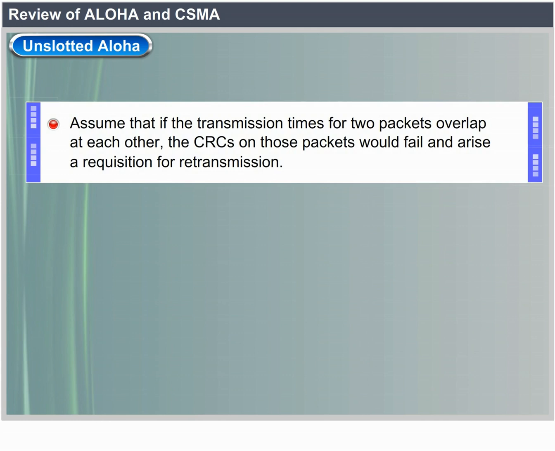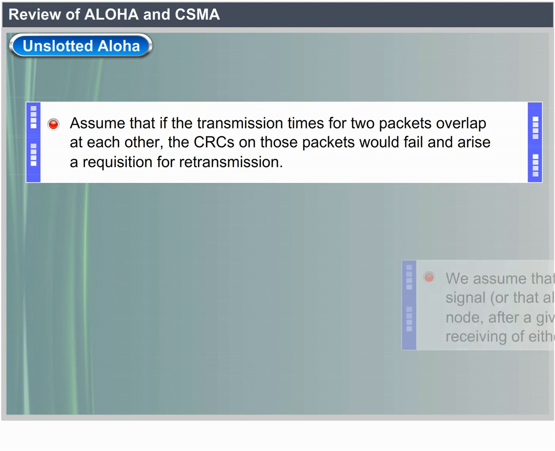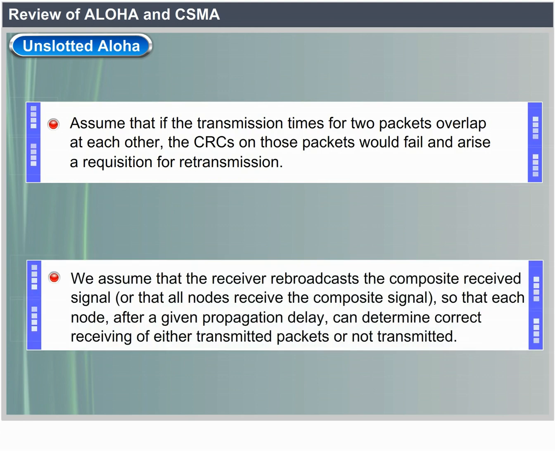Assume that if the transmission times for two packets overlap at all, the CRCs on those packets will fail and retransmission will be required. We assume that the receiver rebroadcasts the composite received signal, or that all nodes receive the composite signal, so that each node, after a given propagation delay, can determine whether or not its transmitted packets were correctly received.